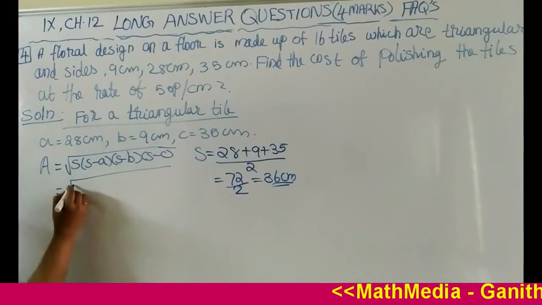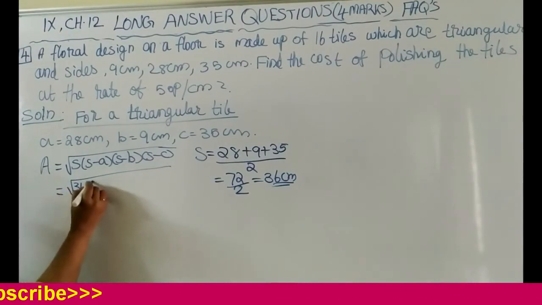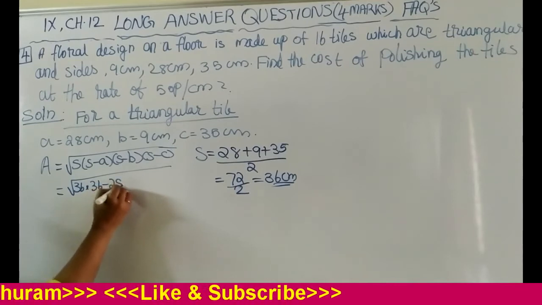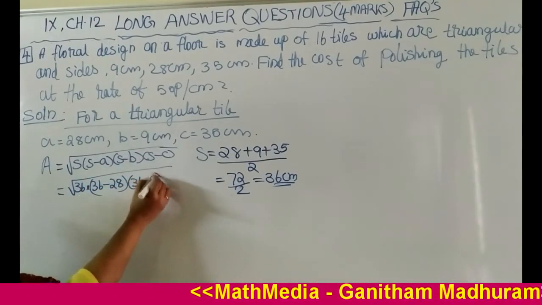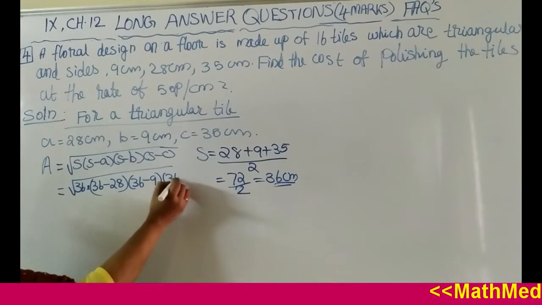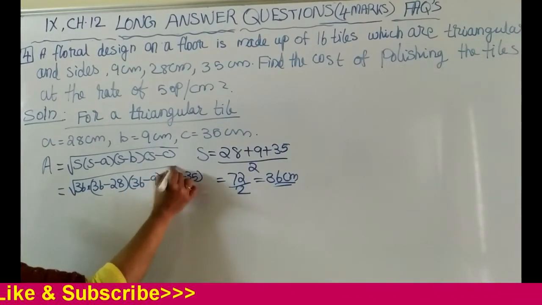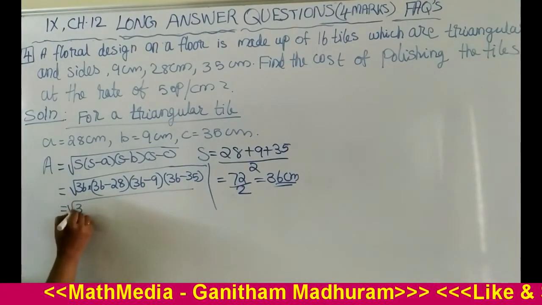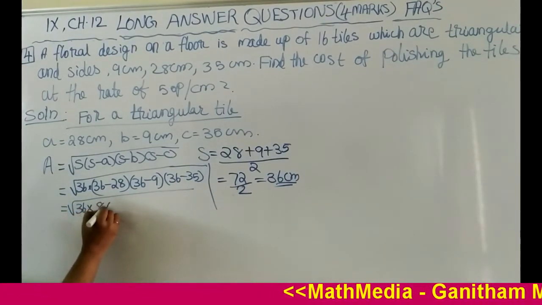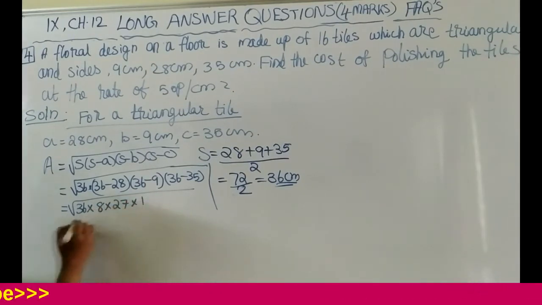Substitute the value over here. 36 into 36 minus a is 28, 36 minus 9 and 36 minus c is 35, equal to 36 into 8 into 27 into 1.